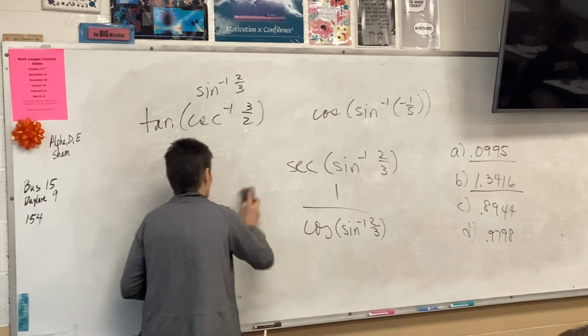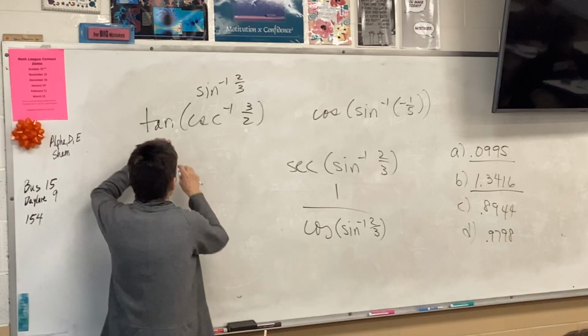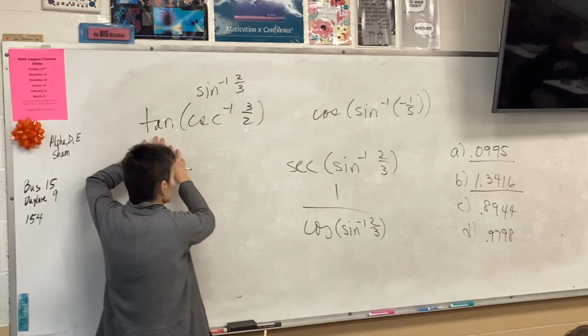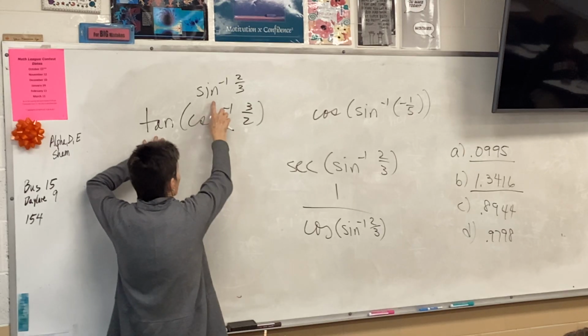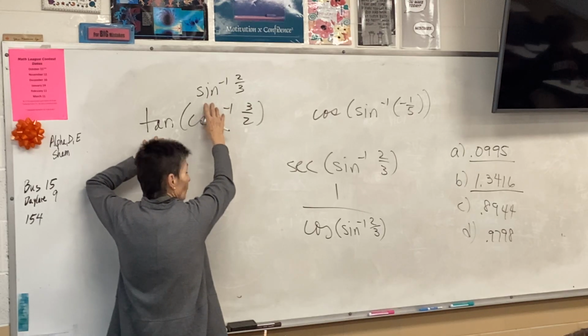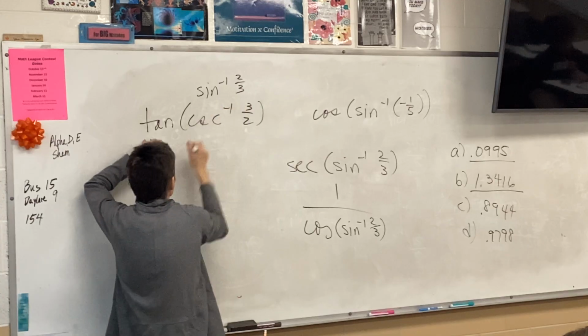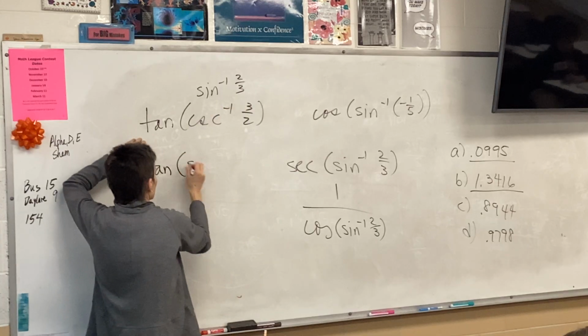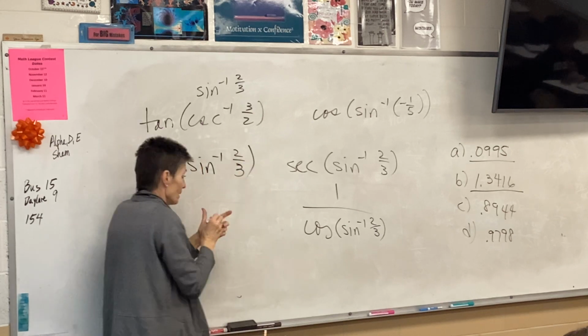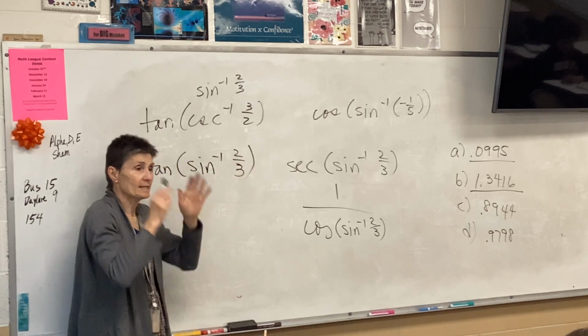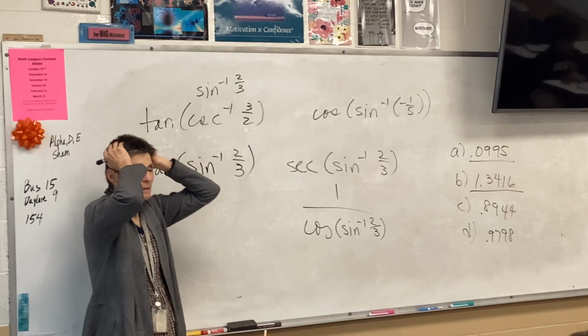All right, now, C is a confusing one. We can type tangent, but we can't type inverse cosecant. So we type in second sine 2/3, not 1 over. Bang, 0.8944. So, let's be clear about this, I hope you're listening.